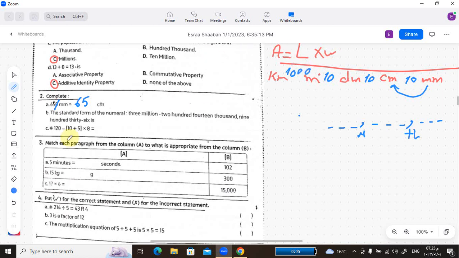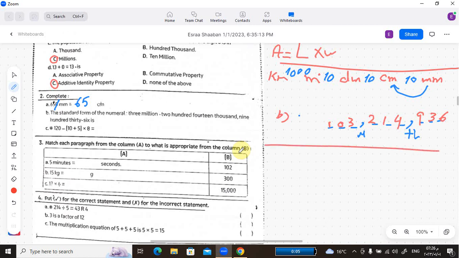So here we have 3 million. So we don't have 10 million or 100 million. And 214,000, 214 in the thousand. And 936. 936.